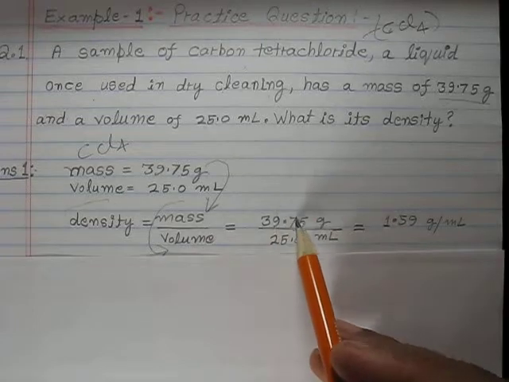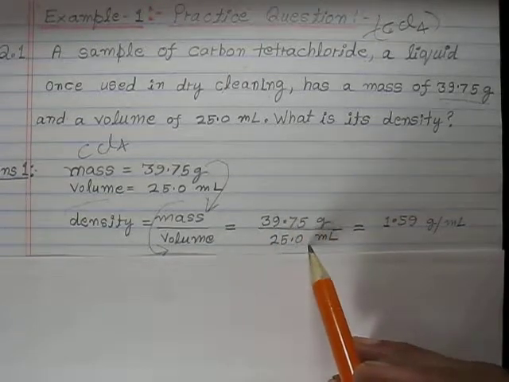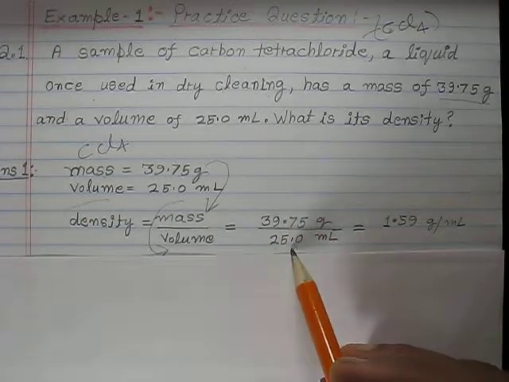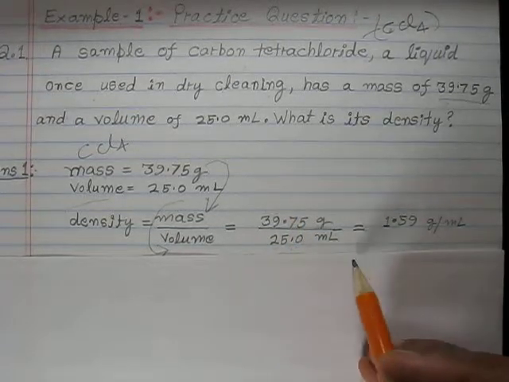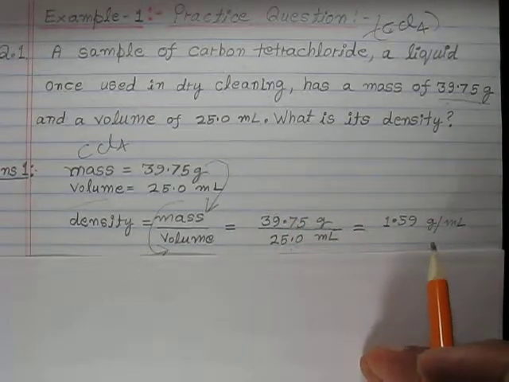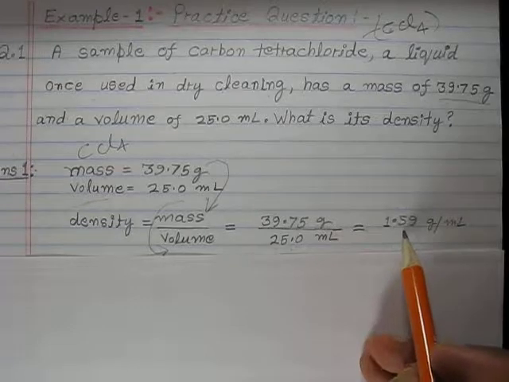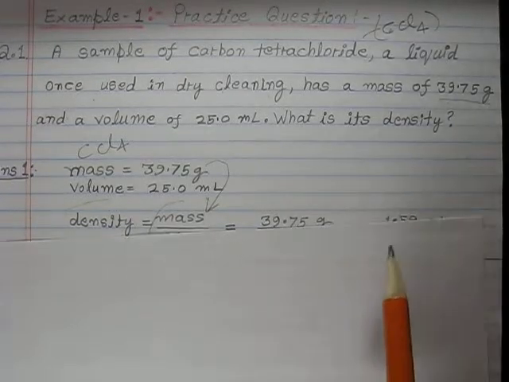So mass is 39.75 gram and volume is 25.0 ml. We just divide these values using a calculator, or you can do it manually. Then you will find 1.59 gram per ml. It's very simple.